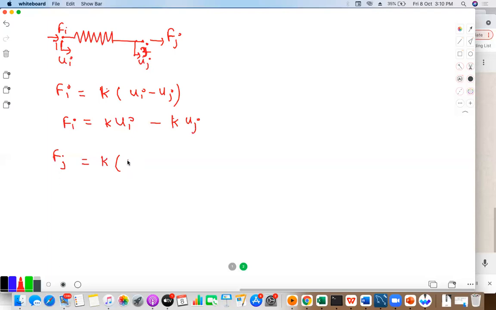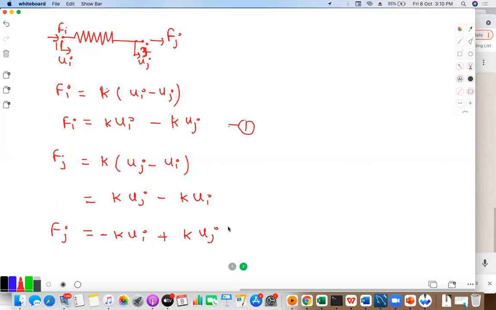Now rearranging this, I can write minus k into ui plus k into uj. That is my fj. Now I have equation 1 and equation 2.